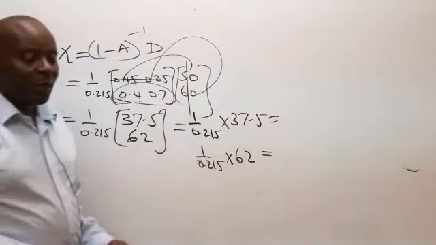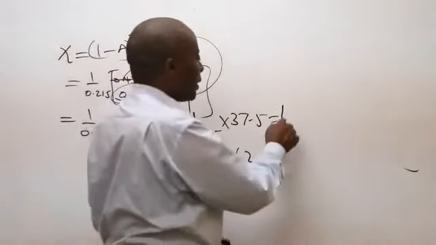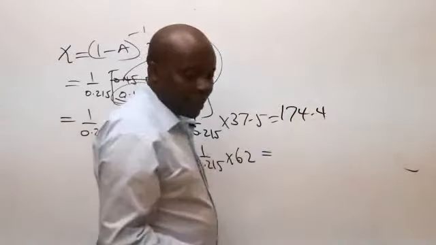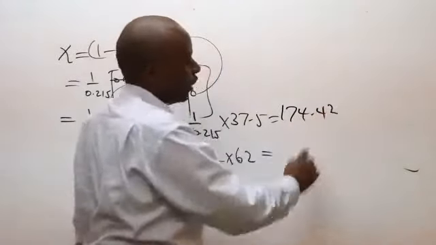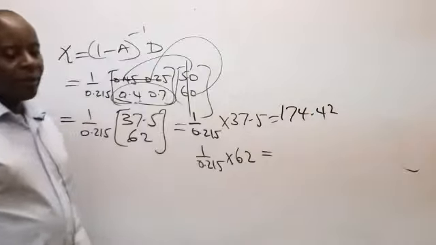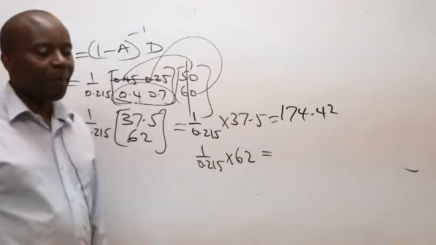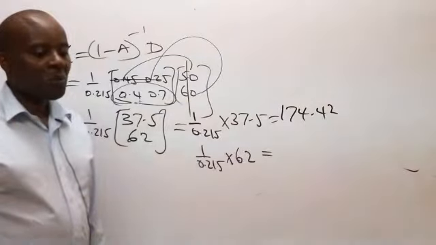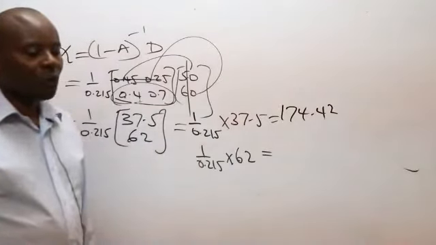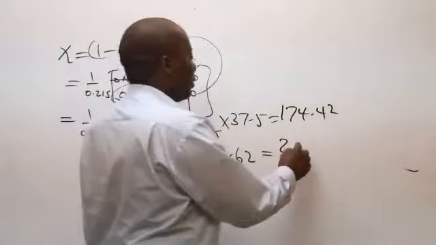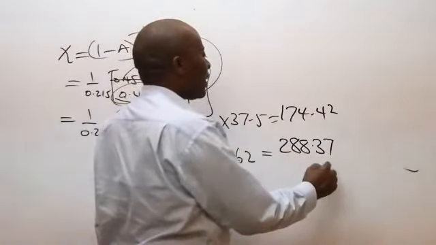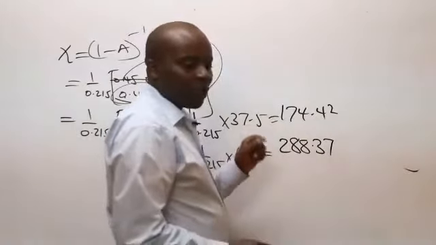So according to James Areba, the first one should be 174.42, to 2 decimal places, and then the second one, 288.37.